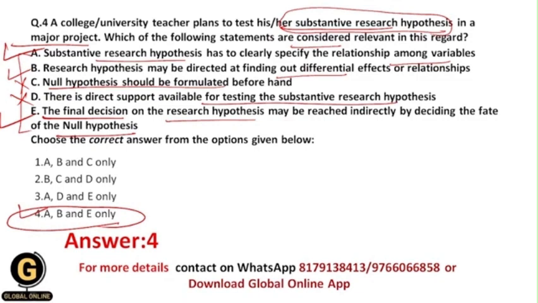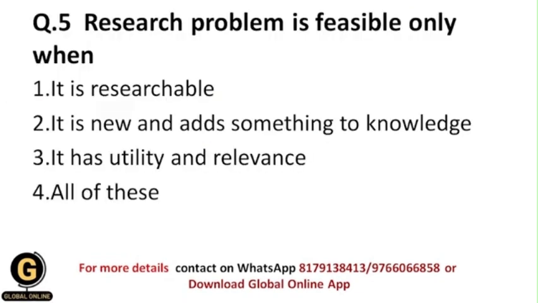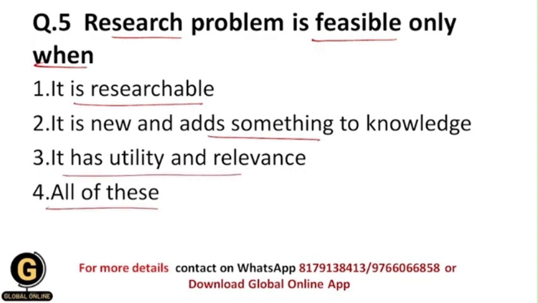Next is: research problem is feasible only when. So in which situations is a research problem feasible? When it is researchable, when it is new and adds something to knowledge, or when it has utility and relevance, and all of these. So students, a research problem is feasible when it is researchable.